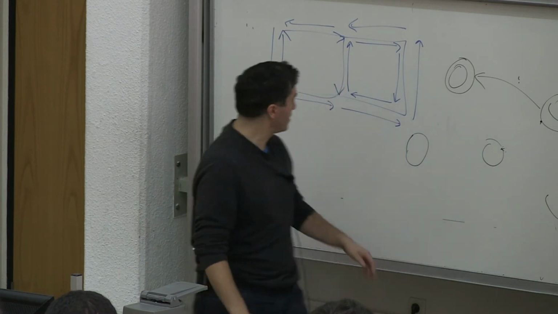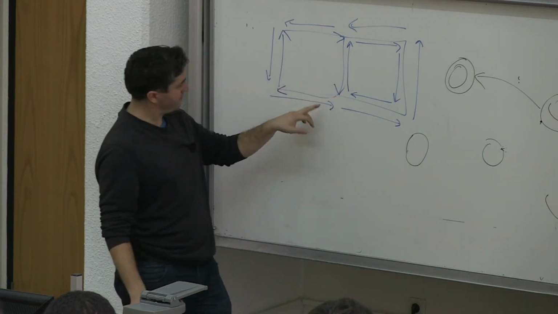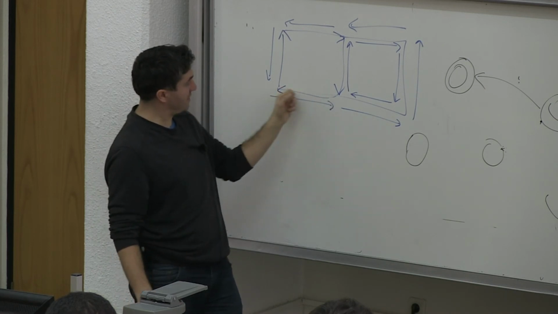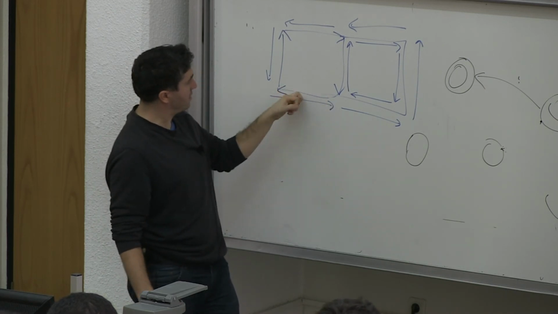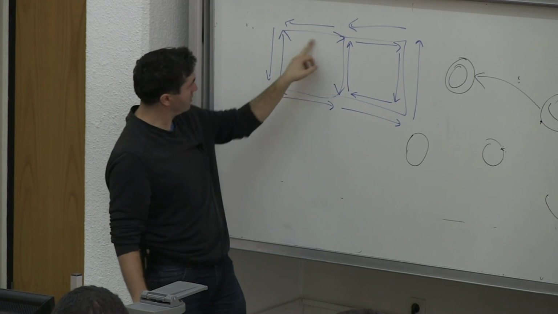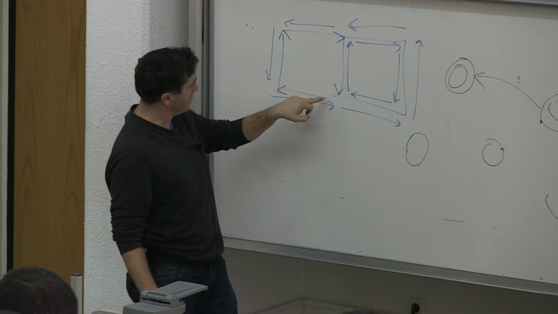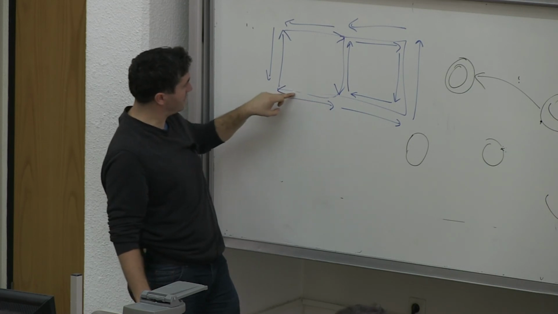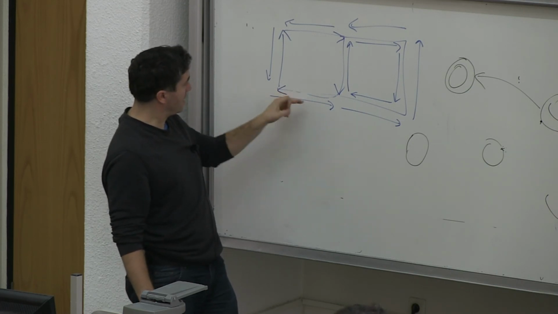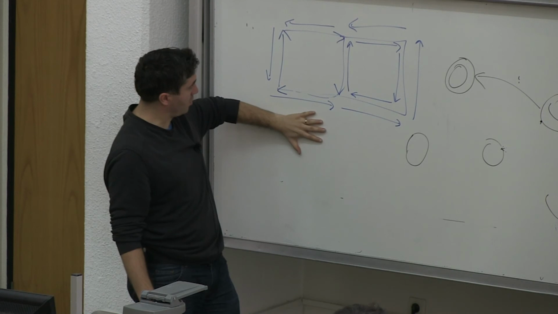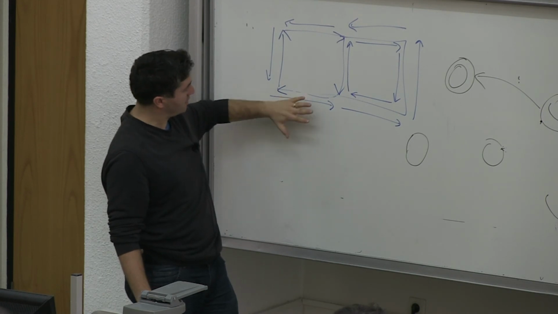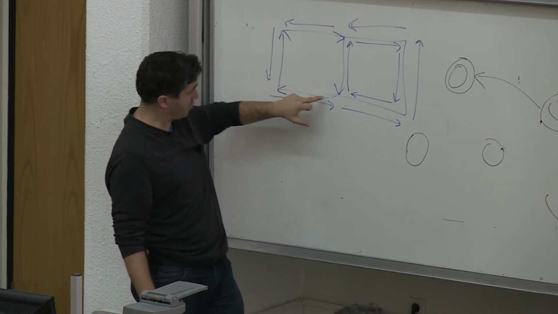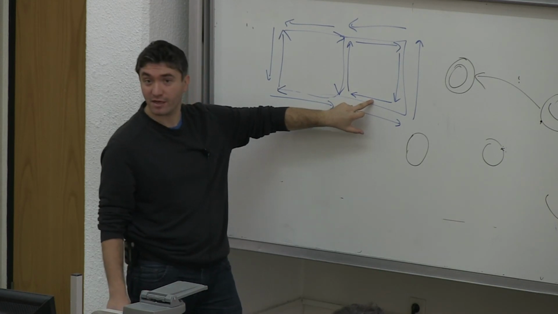For example, this is clockwise, so the previous of this is going to be the one for which face this is bounding to the left. So it's the hole here. The previous of this is going to be this one, not this one.